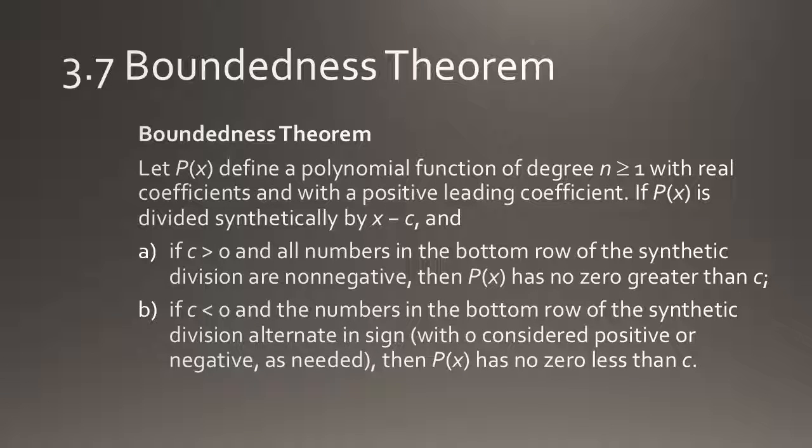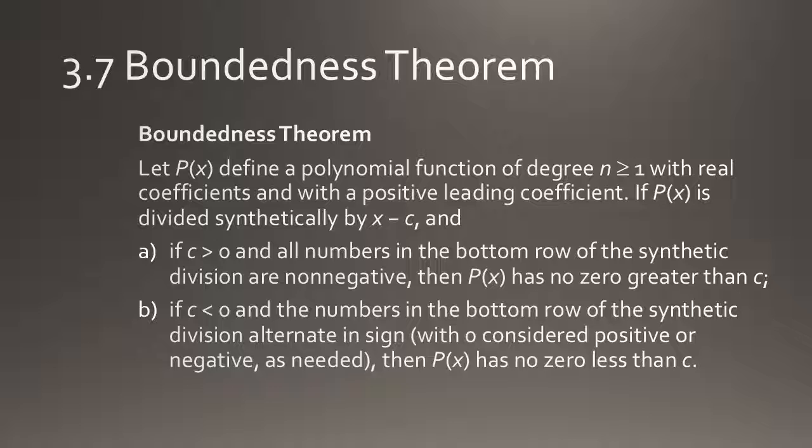If c is less than 0, if it's a negative number that you're dividing by, and the numbers in the bottom row alternate their sign, where 0 is considered positive or negative as needed, so you can call 0 either one, whatever's needed, then p of x has no zero less than c.